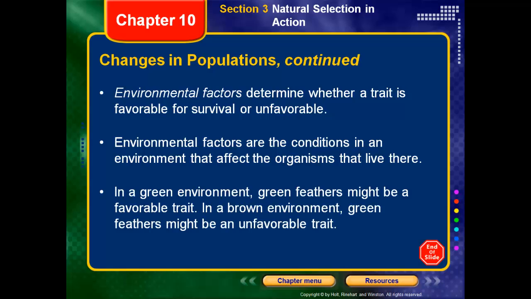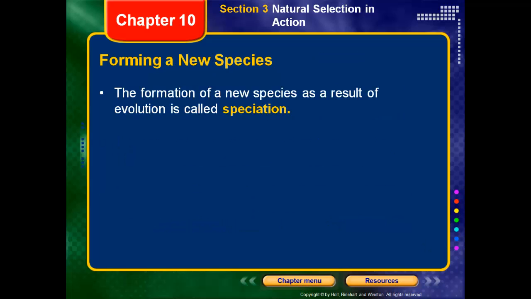An example might be that if you have an environment that's green, so you're in a place that has lots of plants and you are a bird, then green feathers might be a favorable trait because predators wouldn't be able to see you because you'd be camouflaged. In a brown environment, on the other hand, these green feathers might be an unfavorable trait because then you'd stand out and the predators would be able to see you.